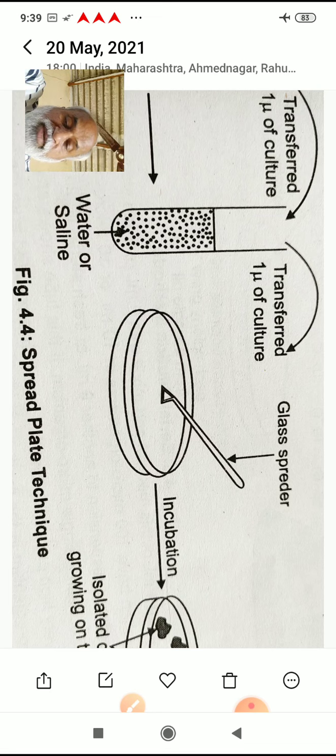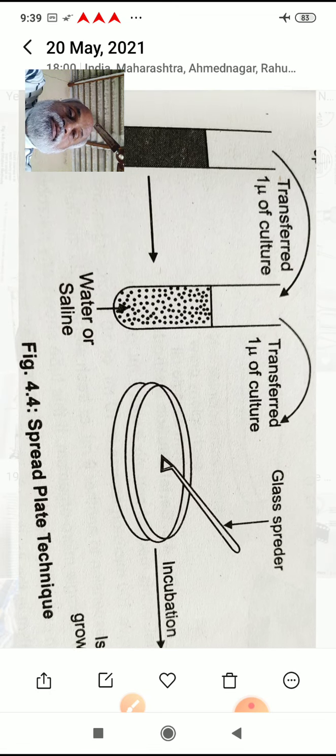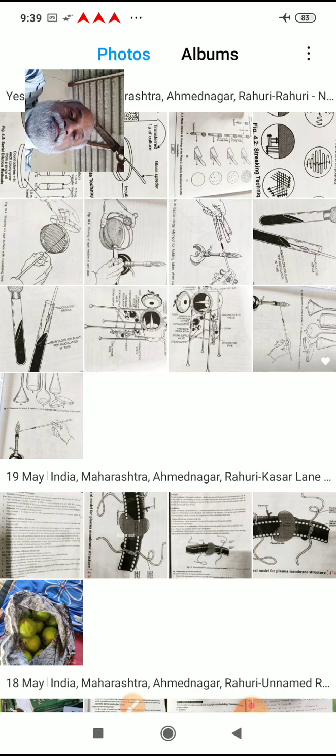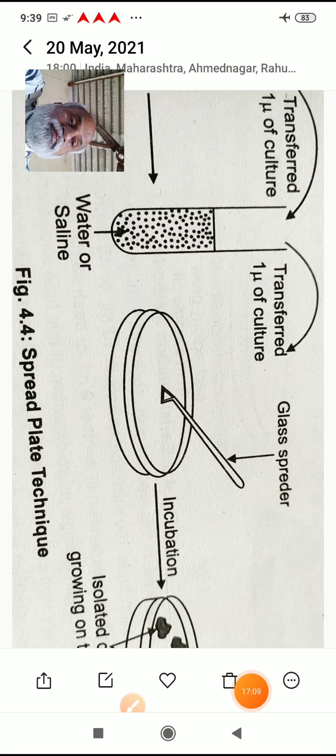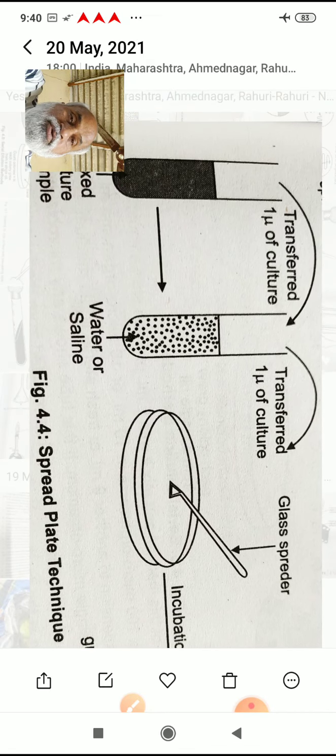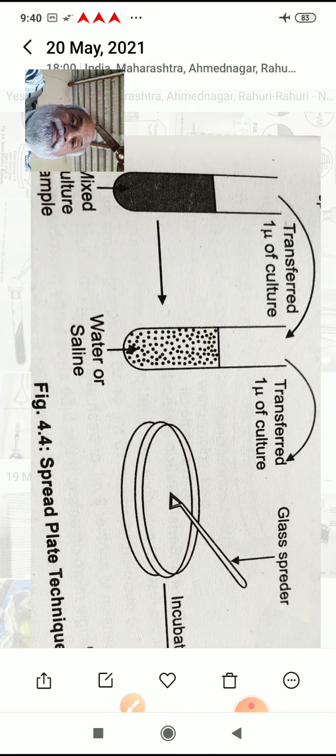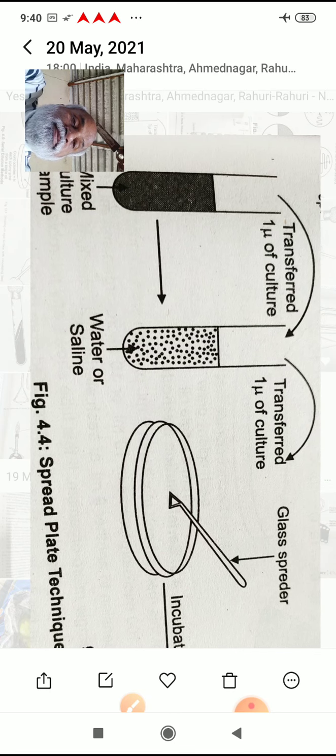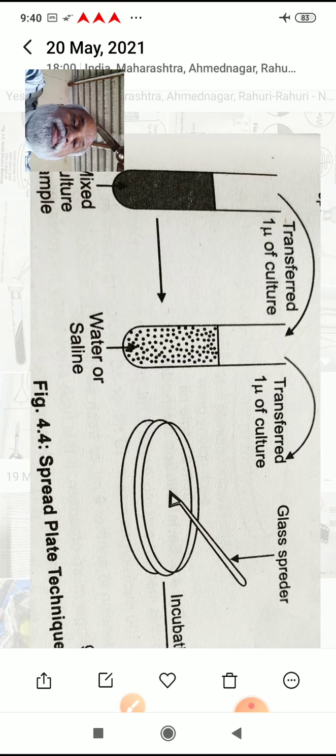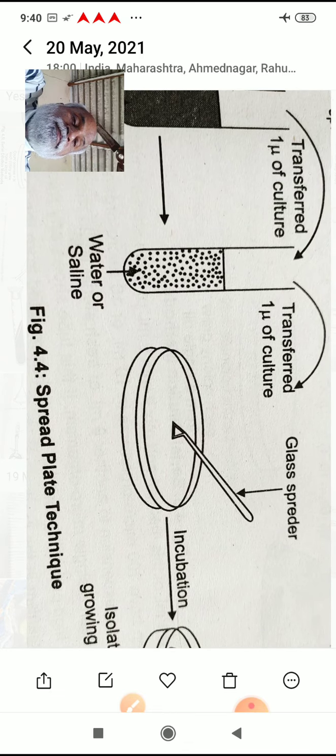In the spread plate method, see here, this is a mixed culture sample, and it is transferred into the water in the second test tube, and then some amount is taken for inoculation.